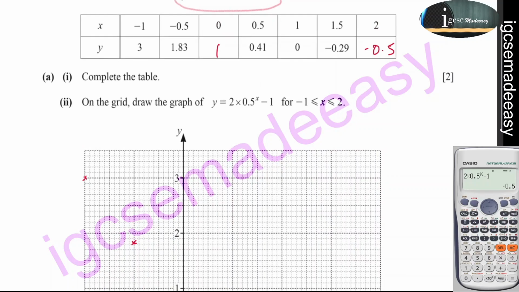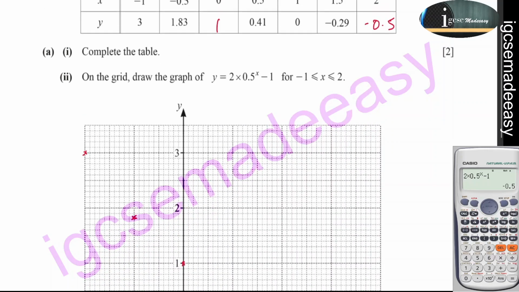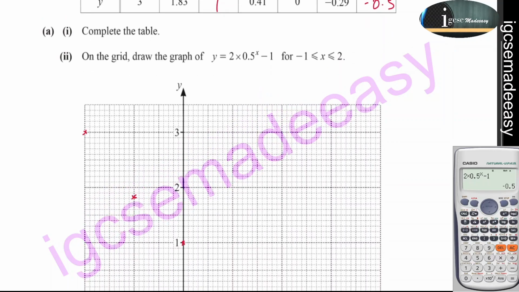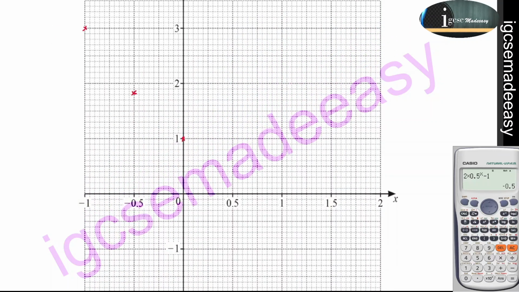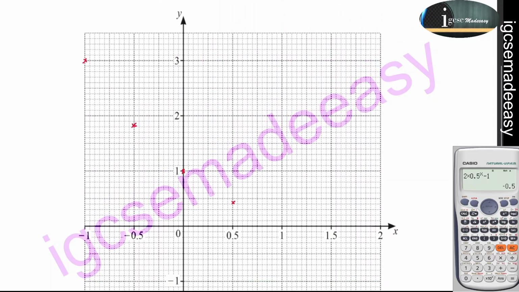Then 0 and 1, this point. Then 0.5 and 0.41, somewhere here. And then we have the next value, 1 and 0. 1 and 0 is this point.